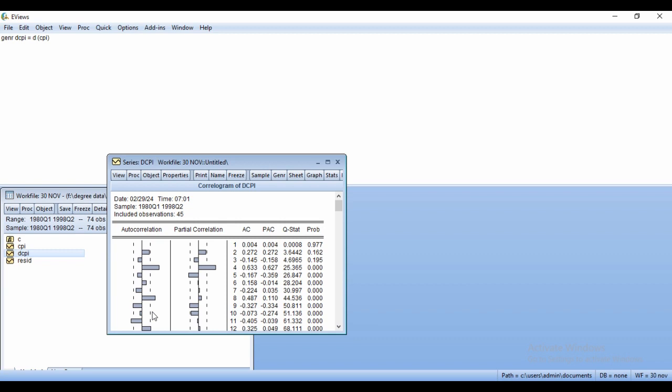So the first step was to check the stationarity. Second step was, if it is not stationary, convert it into stationary data.